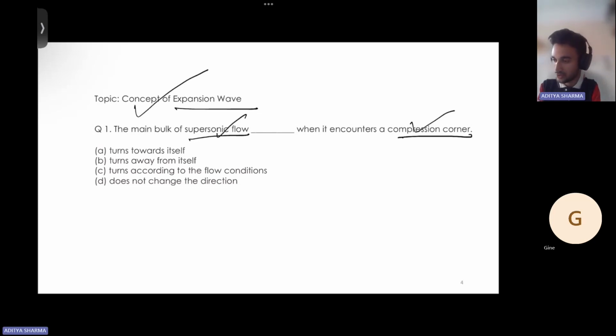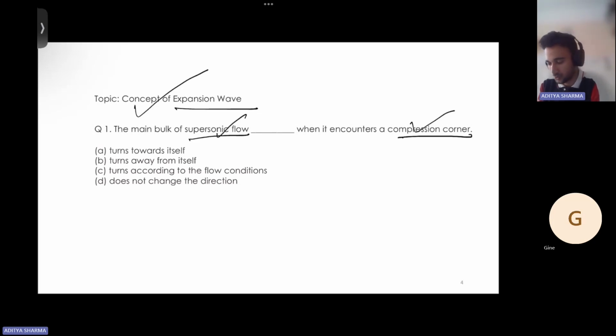So the same is the case with oblique shocks, because the question has mentioned that it's a corner. By means of a corner, compression is taking place.